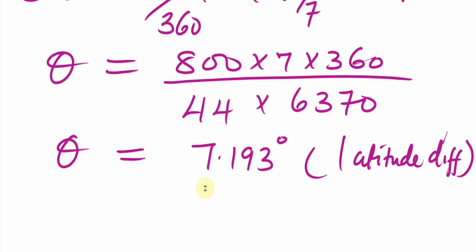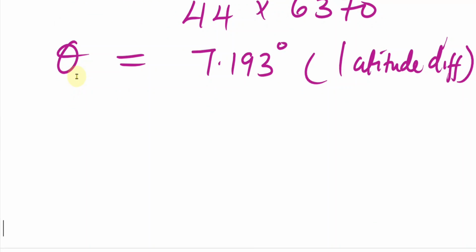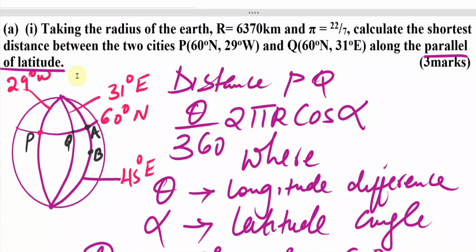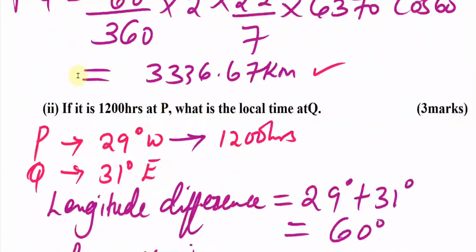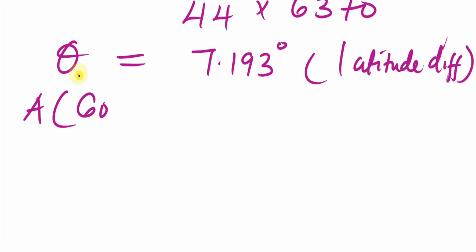Now the position of B, let us indicate the position of B. The position of A is 60 degrees north, 45 degrees east.